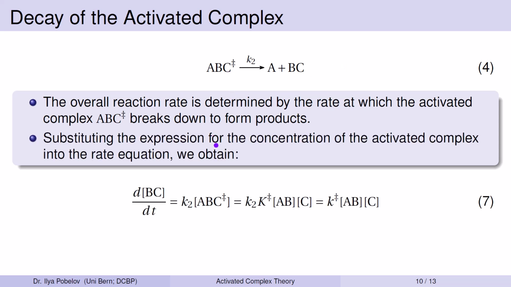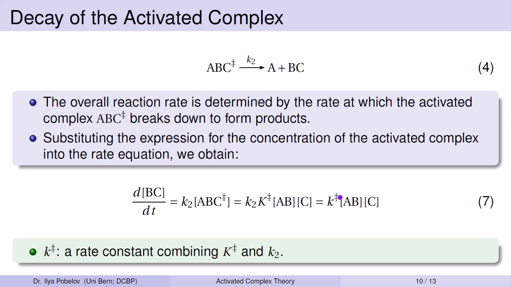Substituting our earlier expression for the concentration of the activated complex into the rate equation, we obtain the rate of product formation as K2 times capital K double dagger times the concentrations of AB and C. We can define a new rate constant, small k double dagger, which combines the equilibrium constant for the formation of the activated complex and the rate constant for its breakdown.